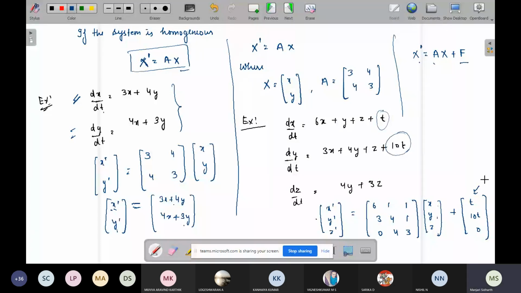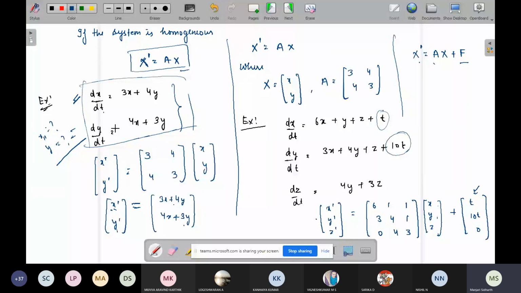Now up to here it means a system of differential equations, but how to solve? Suppose you have this system of differential equations, how to solve? That means from this, what would be the value of x and y? Solving means you should have the value of the dependent variable in terms of the independent variable, right?